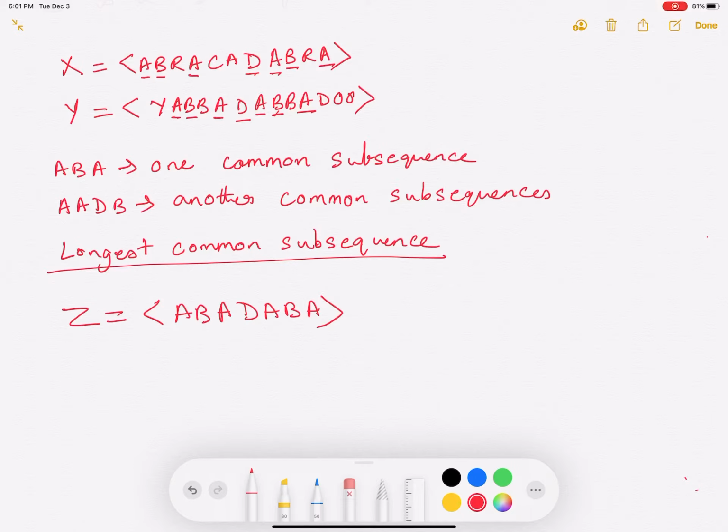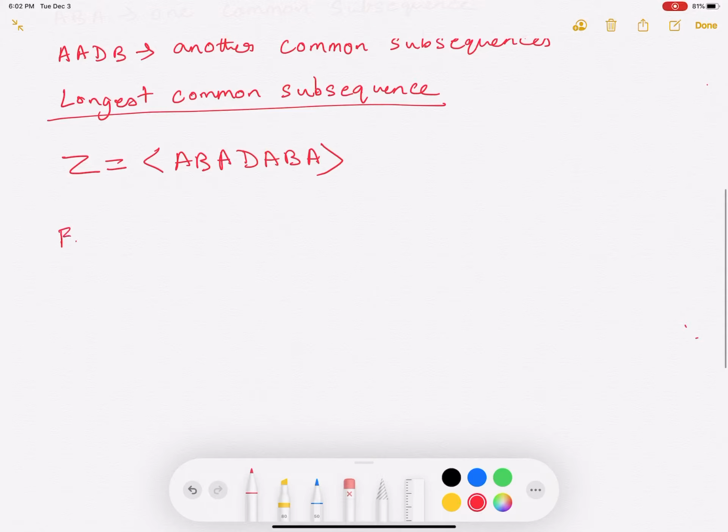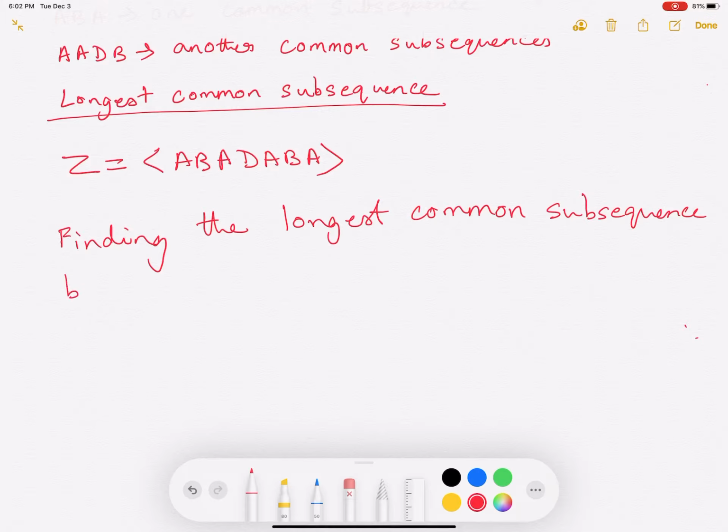So the problem that we are going to study here is how to find the longest common subsequence. That is the problem: finding the longest common subsequence between two strings X and Y. Now, X and Y need not be of the same length.